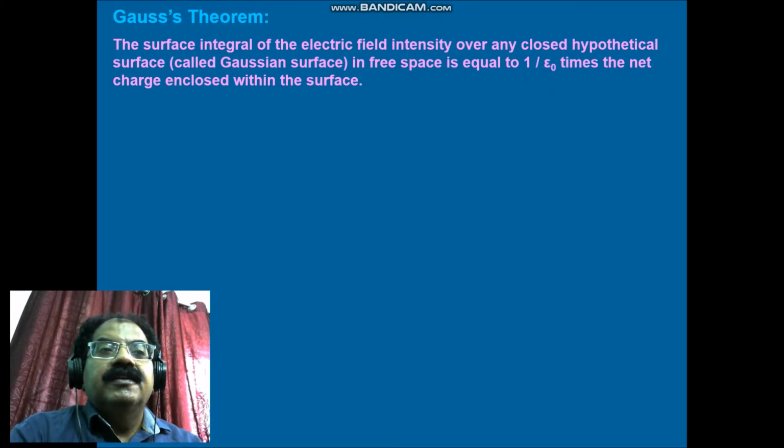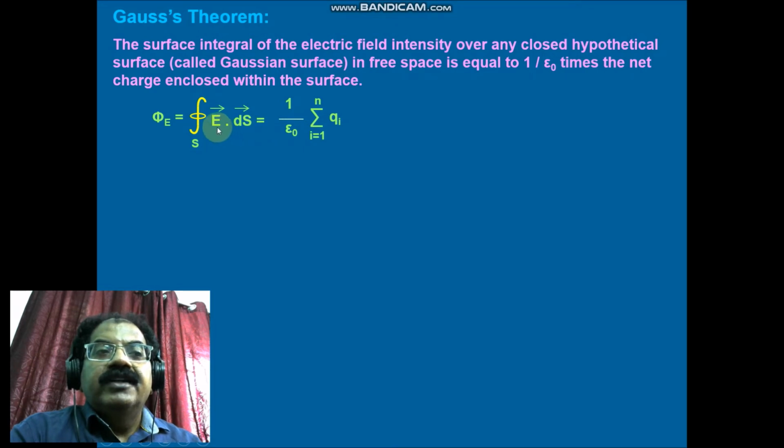This is what you have to keep in mind. Now I can write it like this. What is phi here? This is electric flux, and this is the surface integral of E dot ds. According to the theorem, we have written mathematically vector E dot vector ds, because it's a dot product, which we discussed in the previous class.